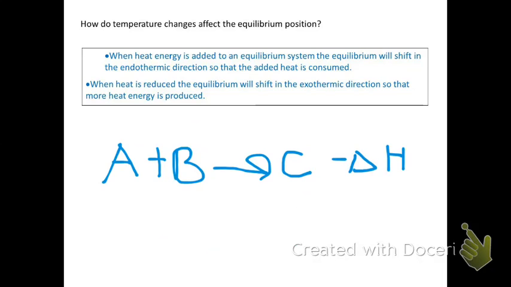Now, to help you understand what happens when temperature changes, you need to understand if the reaction is endothermic or exothermic. So since it's exothermic, heat energy is being released.